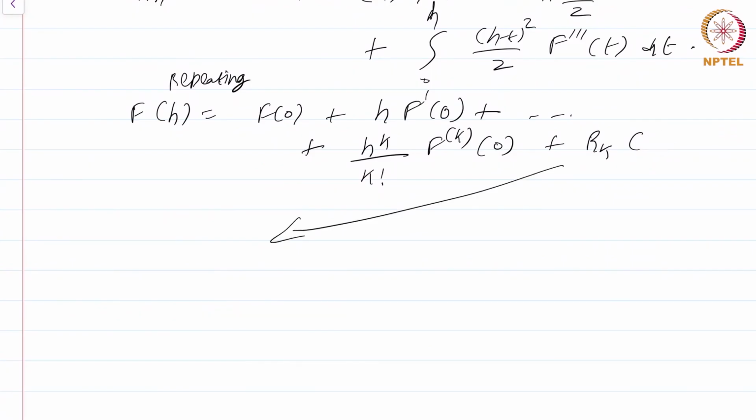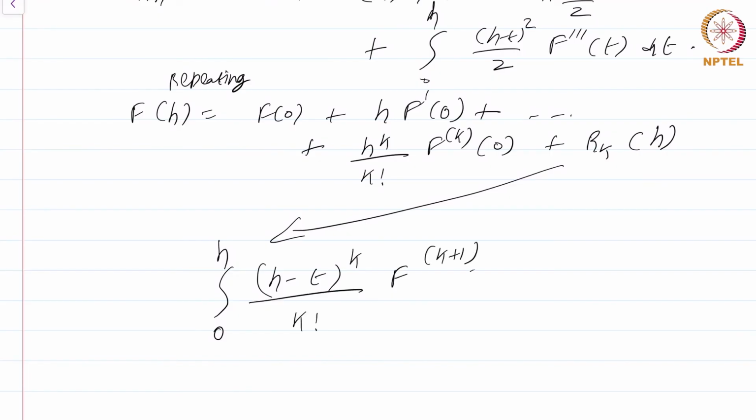It's a function of h. And what is this R_k of h? It's the integral 0 to h of (h minus t) the whole power k by k factorial times the (k plus 1)th derivative of f at t, dt.